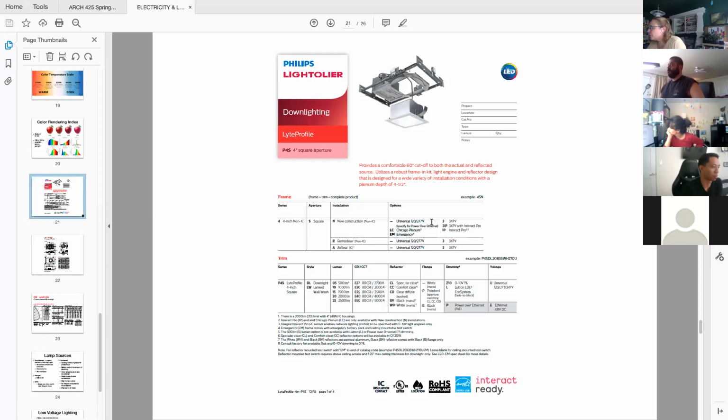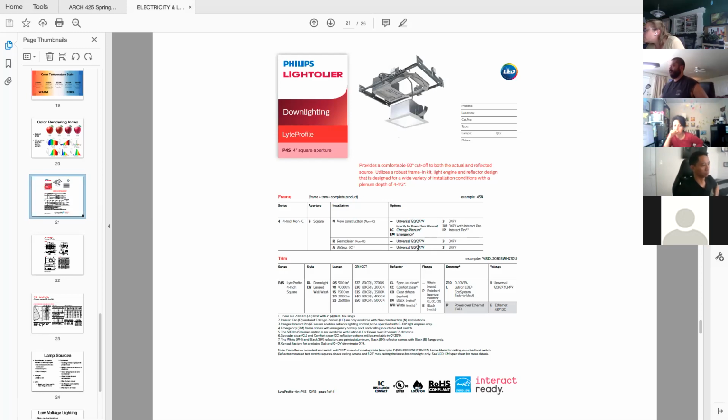These are some options. So this fixture can come in 120 or 277. This means this can run on a residential power system. 277 would be a 3-phase commercial project. Or you can get it, sometimes they come capable of both.